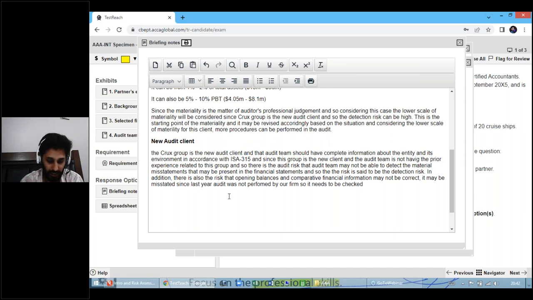So it needs to be checked in accordance with ISA 510 to ensure that opening balances and the comparative financial information are free from material misstatements.